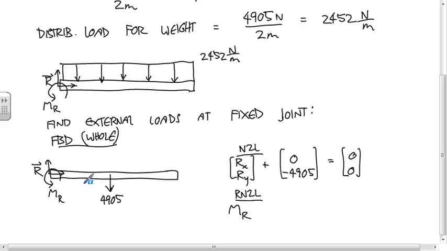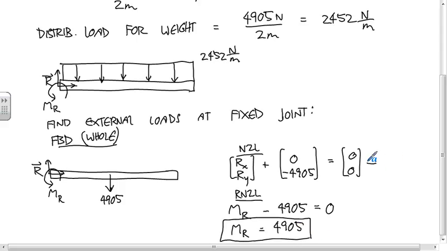That's clockwise, so it's going to be negative. Solve for Mr, it's equal to positive 4905. And so there's your Mr, and your R is 0, positive 4905. This is newtons, this is Newton meters.